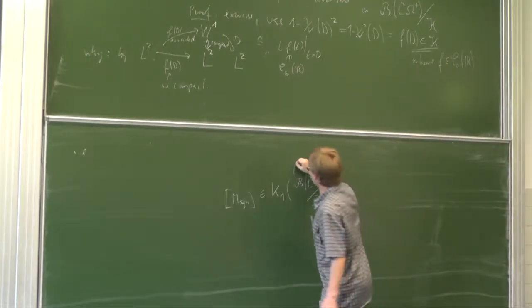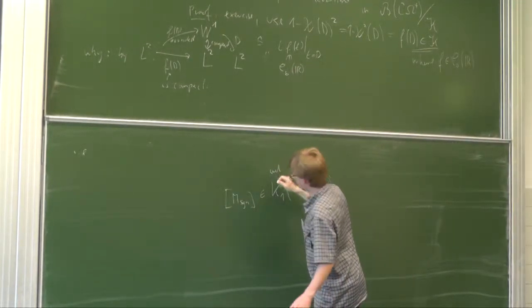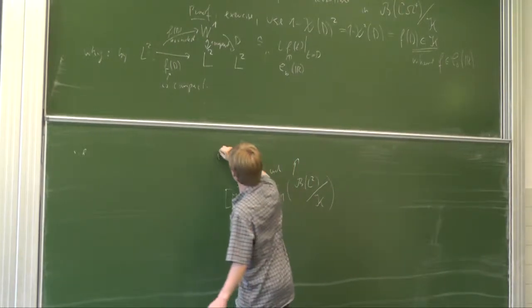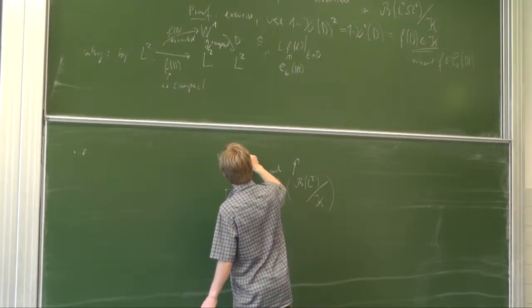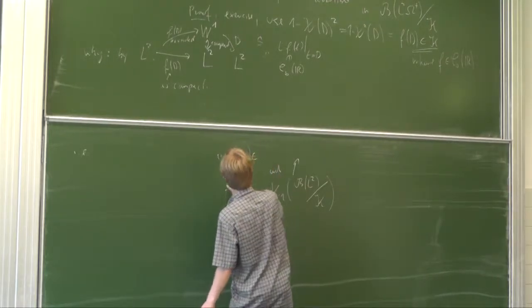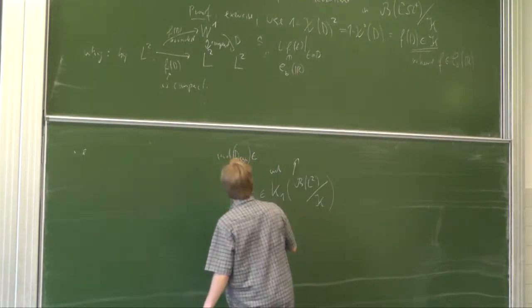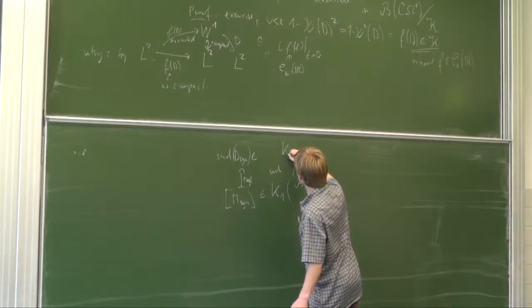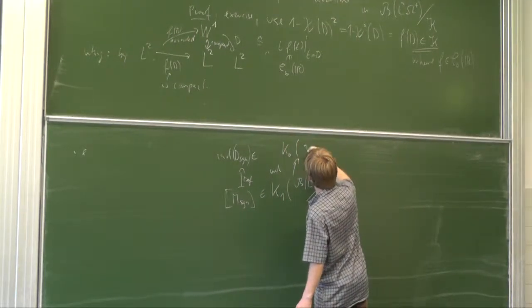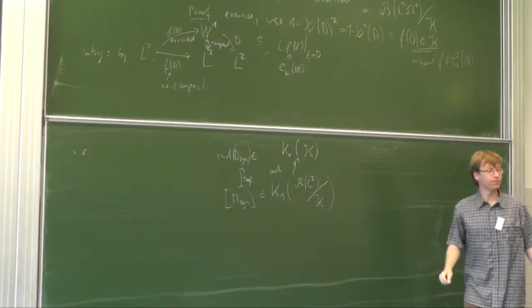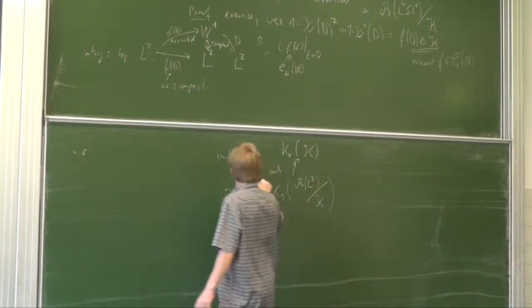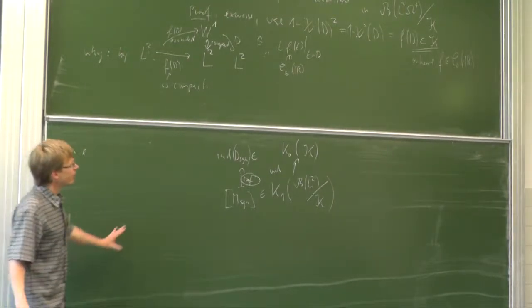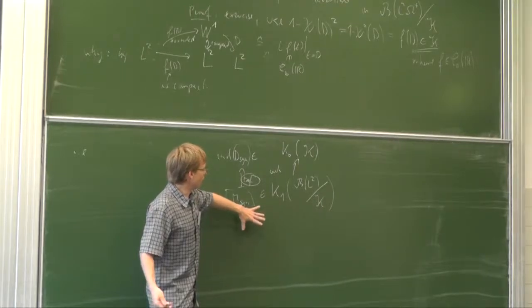And by the principle of this diagram, we can define the index of the signature operator, that's now a definition, as the image under this boundary map to K0 of the compact operators. Okay. So that would be the abstract way to define an index of an operator.